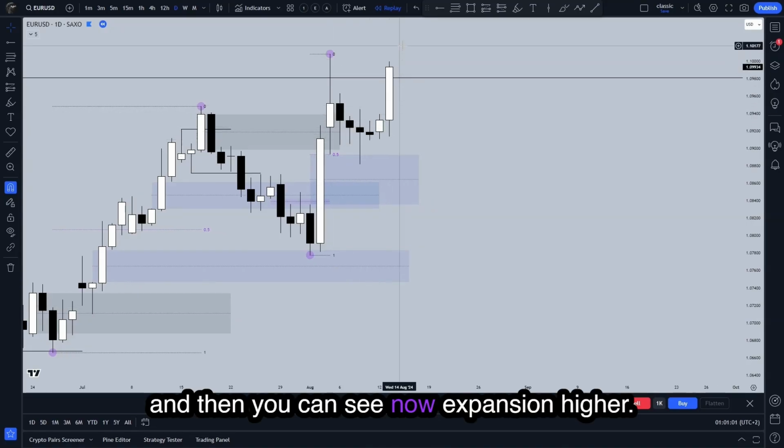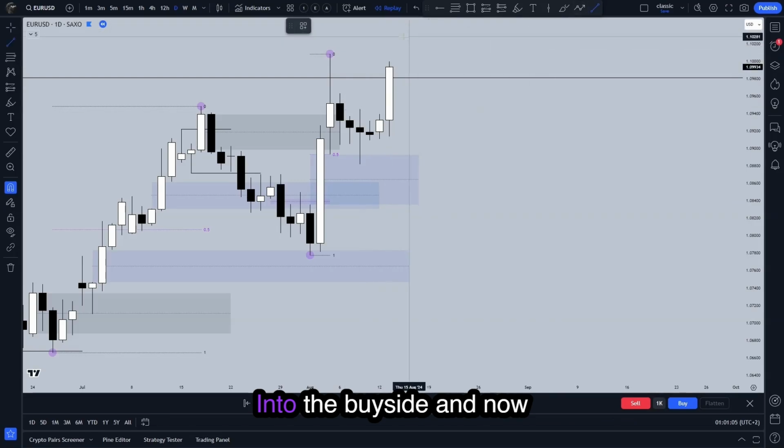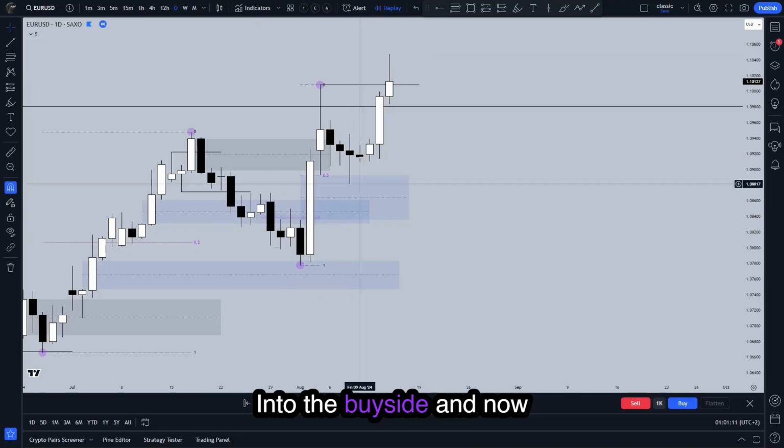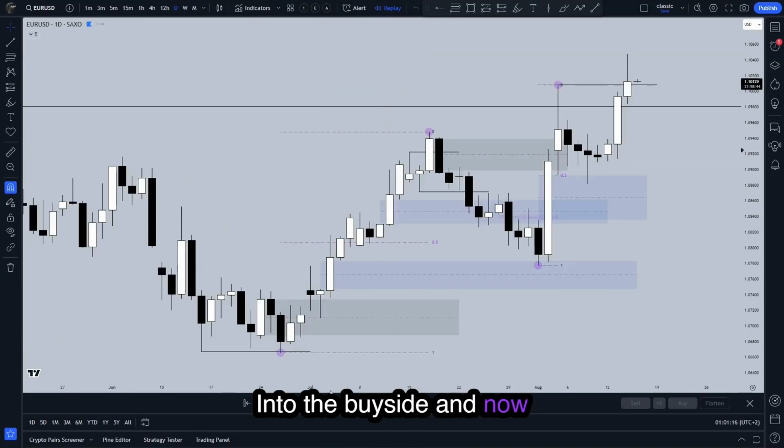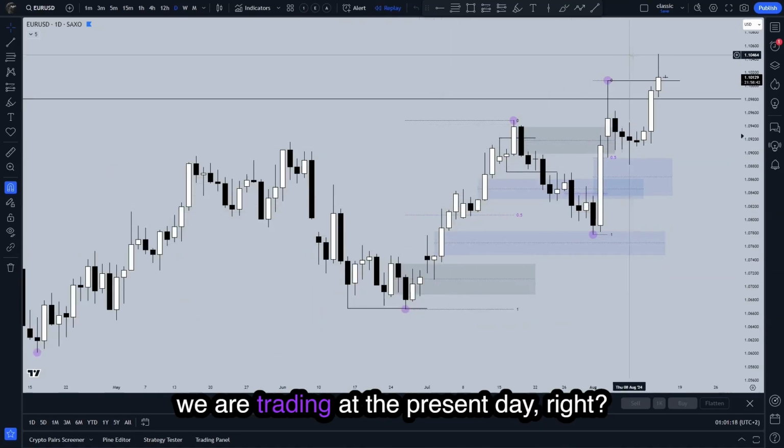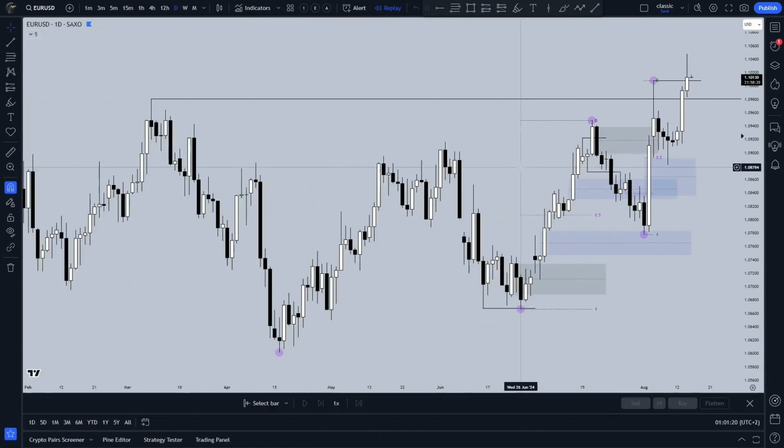And then you can see now expansion higher. It's the buy side. And now we are trading at present day, right?